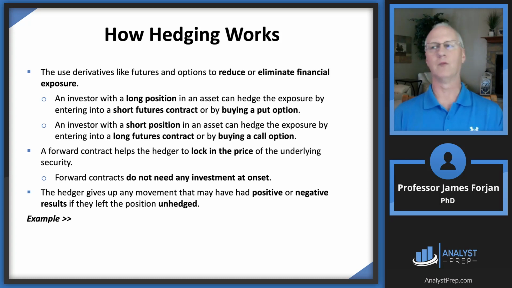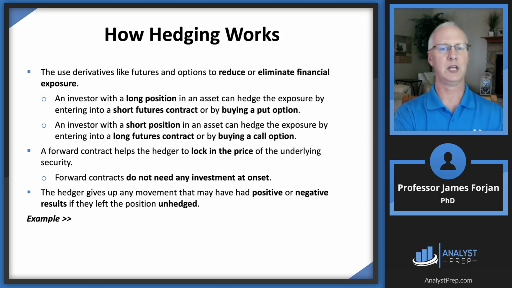All right, derivative markets are really fascinating vehicles for hedging. So think about this. For a hedge to work, you have to have a position in the spot market. What you do then is you go to the derivatives market and you take an offsetting position.